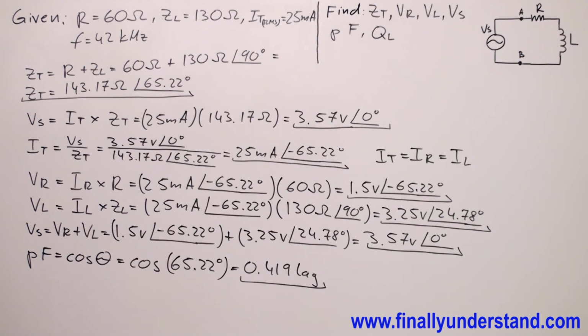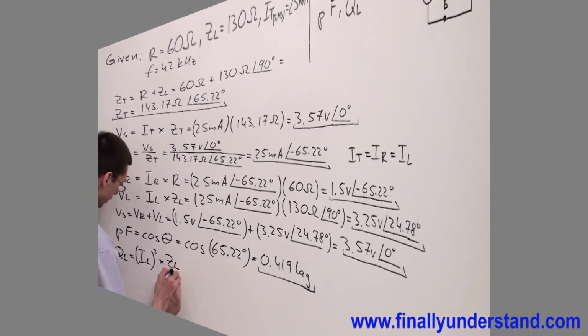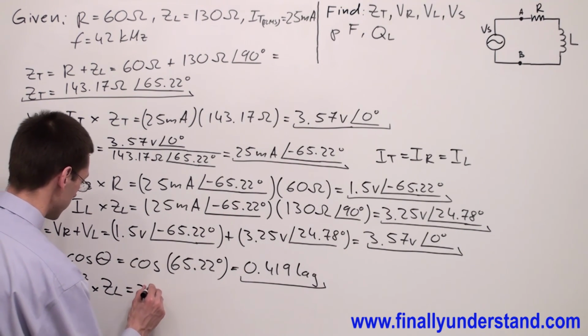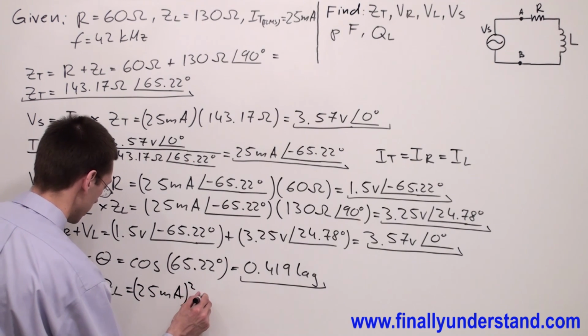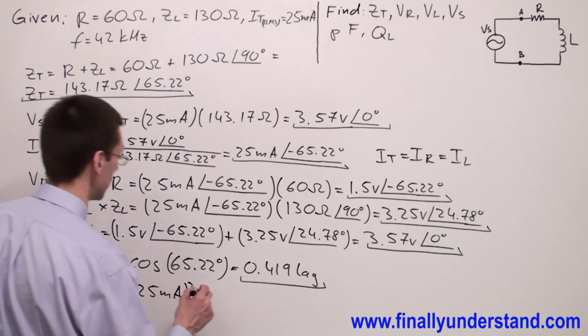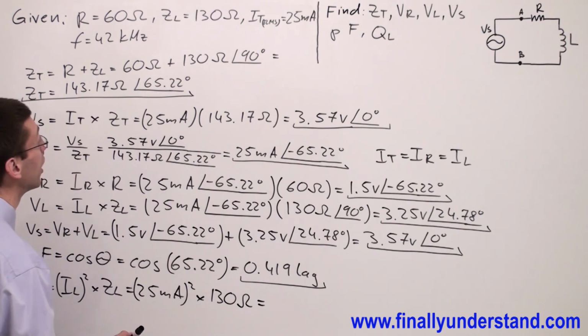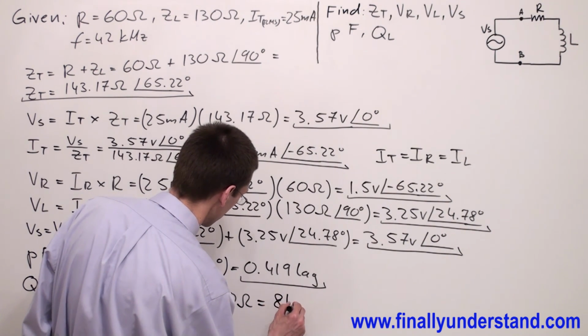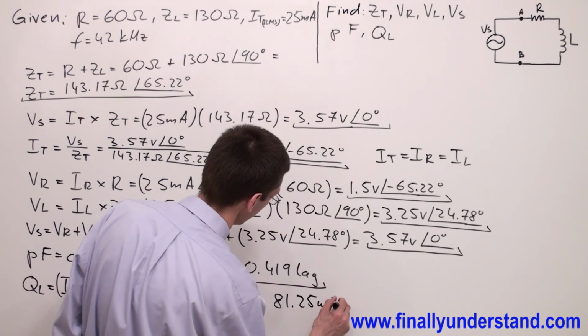Next, we're supposed to find the reactive power. QL is equal to IL squared times ZL, which is equal to 25 milliamps to the second power times ZL, which is equal to 130 ohms, and this is equal to 81.25 milliVAR.